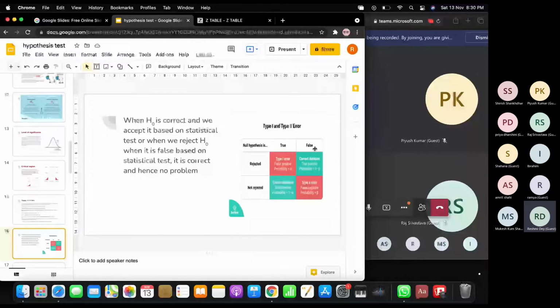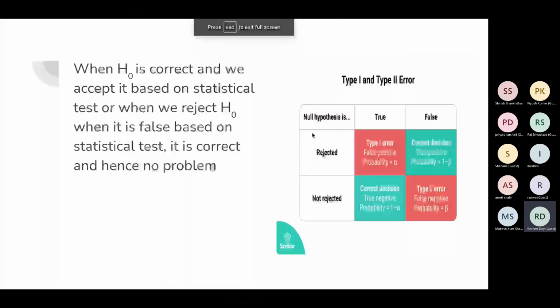So this is a table summarizing the types of error. When our null hypothesis is true and it is rejected, it is a type 1 error. When our null hypothesis is false and it is rejected, it is a correct decision, because our null hypothesis is wrong, so there is no need for us to accept it.